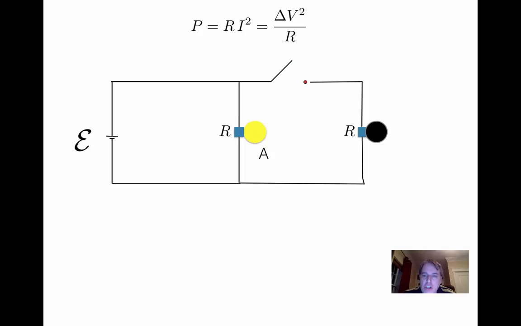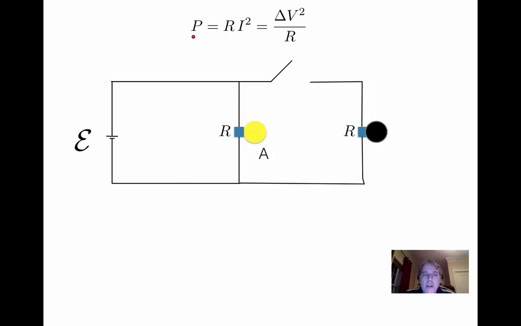So if I close the switch here, will the brightness of this light bulb go up, increase? Will it go down, so will it become dimmer, or will the brightness stay the same? So we have three options. The light bulb glows brighter, dimmer, or the brightness does not change.